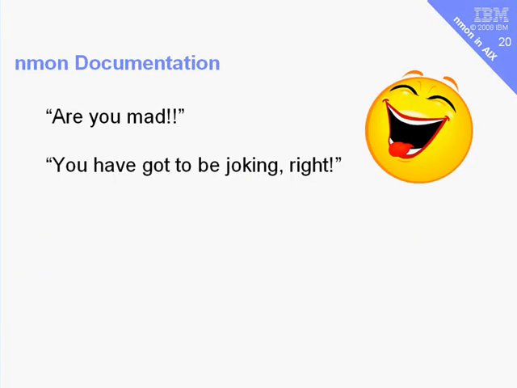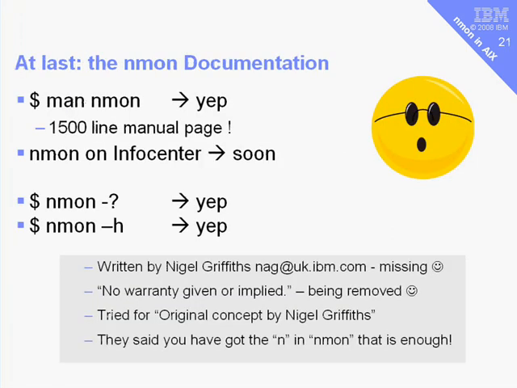Then there's the problem of documentation, and in the past we've said, you're pulling our leg, aren't you, that you want us to write lots of documentation. We'd rather hack out some new functions and features into the nmon code. We've done our best, it's not particularly good. And with the new adoption into AIX, of course, that has got a whole lot better.